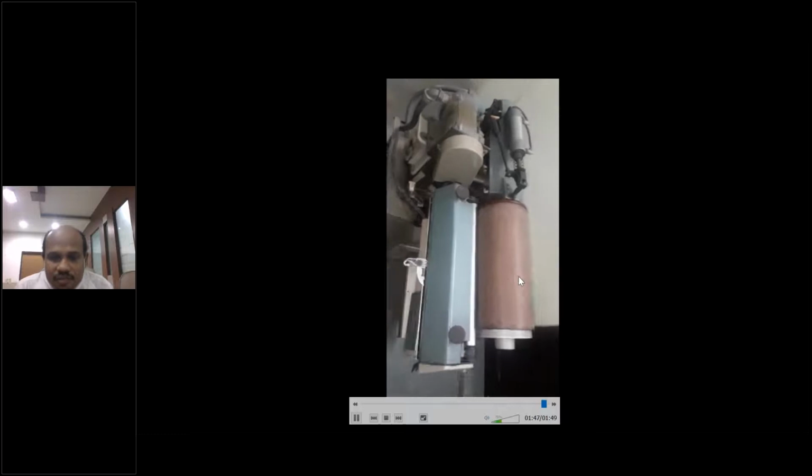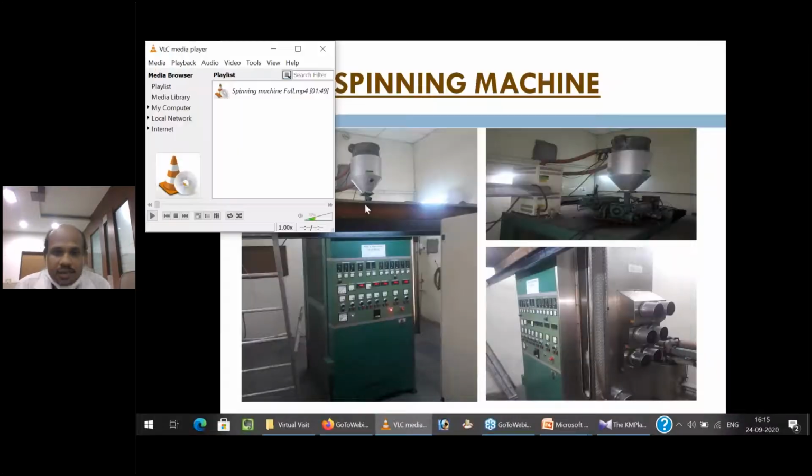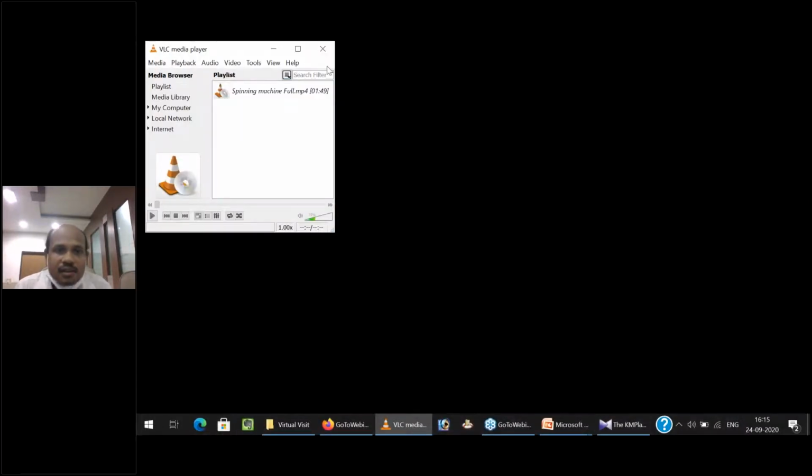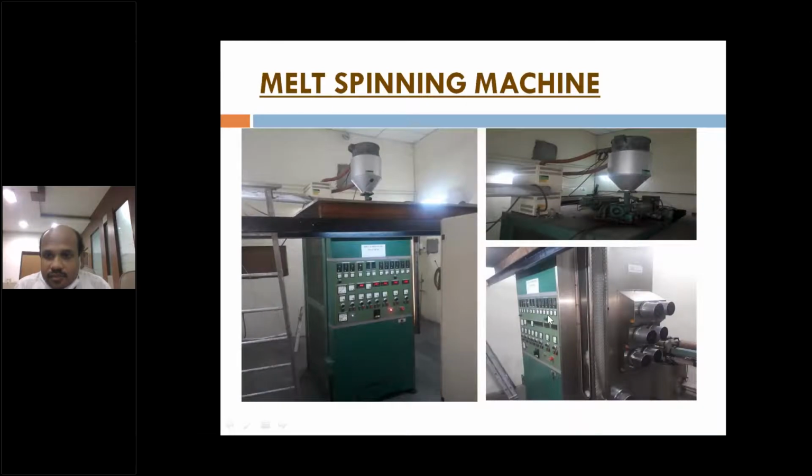These are the godets, the first godet, from where the fibers are wound, and then it goes to another one, where we can give some kind of draft so that the fiber is extended or drawn. And the winder is at the bottom. This place is the winder. Here the bobbins are kept and the yarn is wound. So this is in short the spinning process.